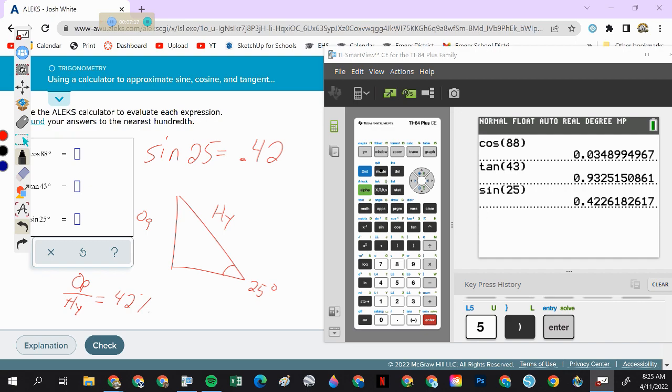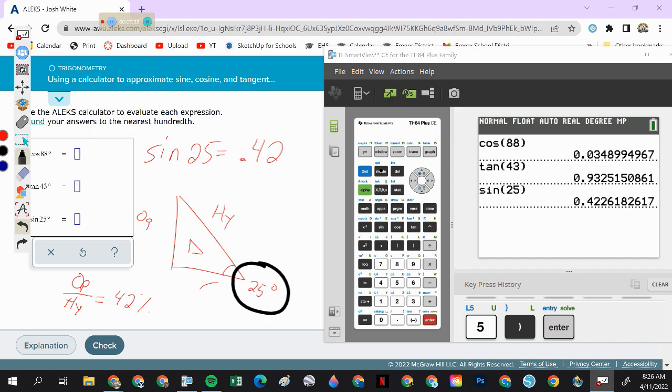So what that's saying is, for every single triangle where this angle is 25 degrees, the length of the opposite side is 42% as long as the length of the hypotenuse. And that's true for all triangles that are similar to that.